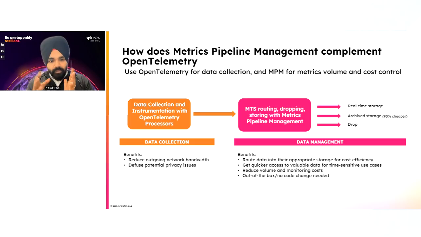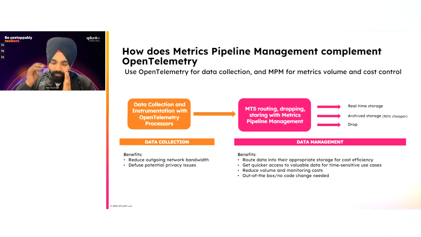Because you're doing it in product, you have much more visibility, much more controls. You can route data to appropriate storage for cost efficiency. If you don't need any data right now, you can put it into archival. It is only 10% of the cost, so it actually saves you money. You can get quicker access to valuable data for time sensitive use cases. If you put it in real time storage, we have sub 10-second latency.